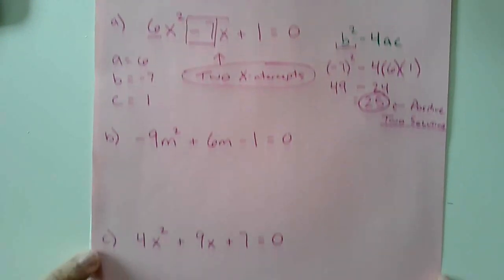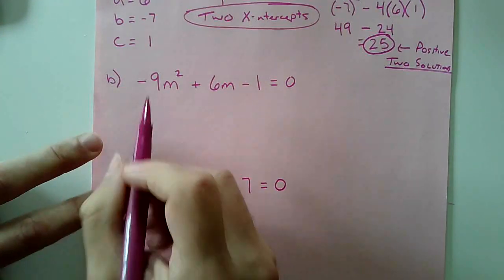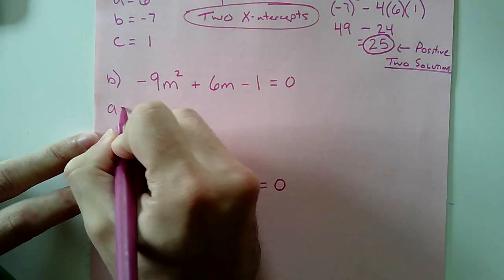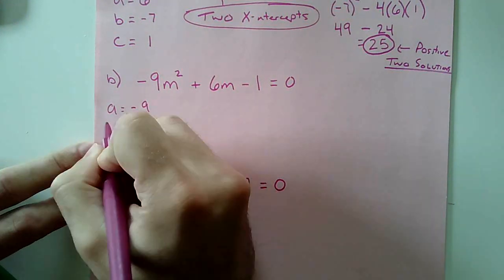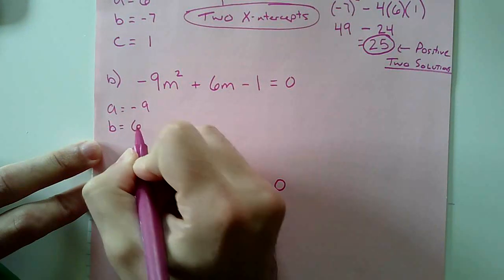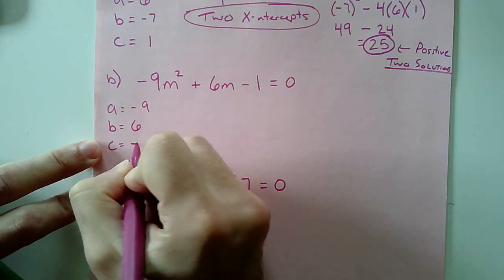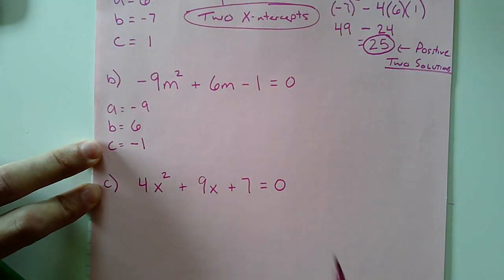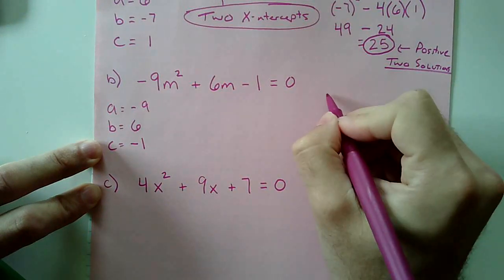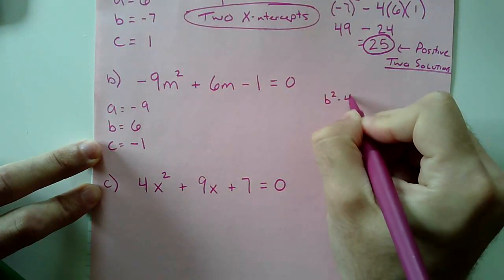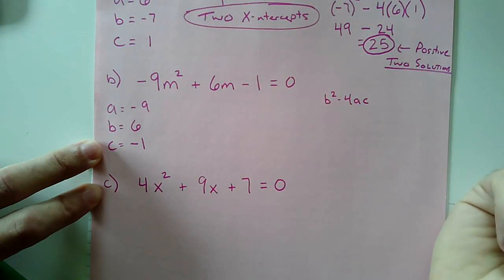All right, let's look at B. Same thing, I'm in standard form. A equals negative 9, B equals 6, and C equals negative 1. All right, b squared minus 4 times a times c.